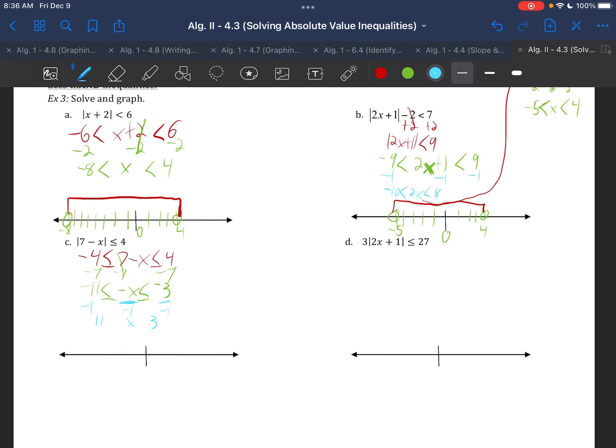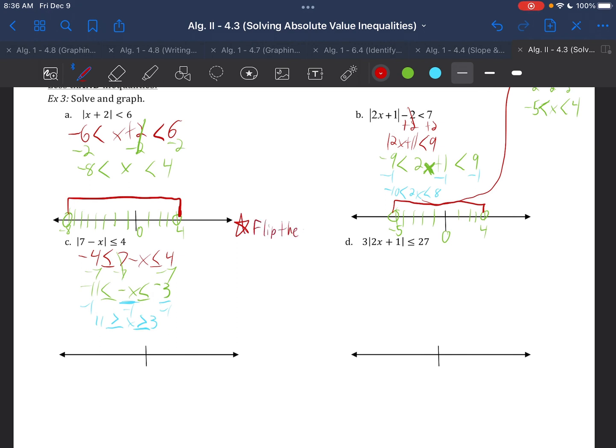And I get 11 and 3. But an important note is that when you divide or multiply by a negative on every part of the inequality like we just did, you have to flip the inequalities. So might be a good idea to write that in as a note.